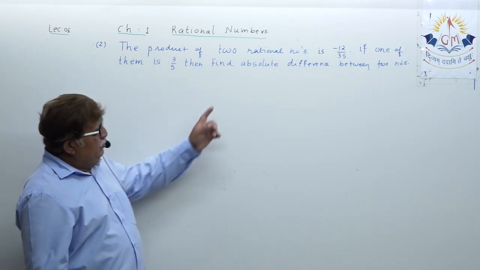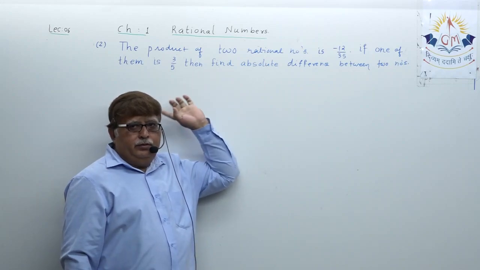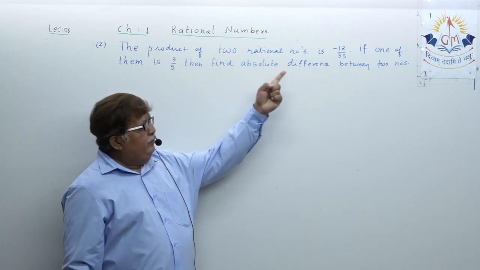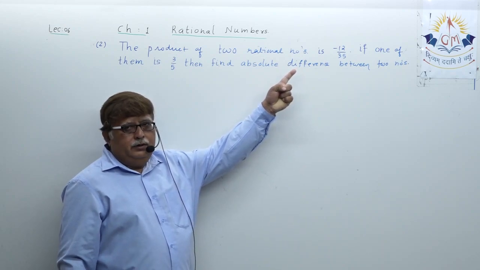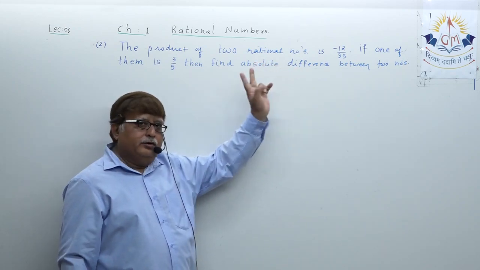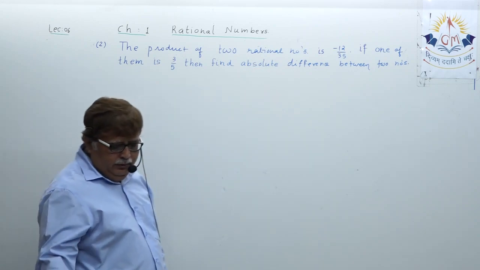That is your first target. You are knowing only one rational number, 3 upon 5. This is not the other rational number. It is the product of two rational numbers.